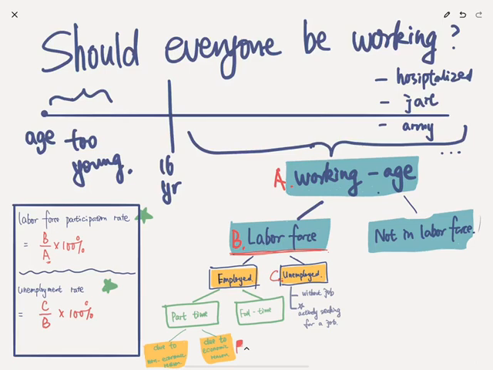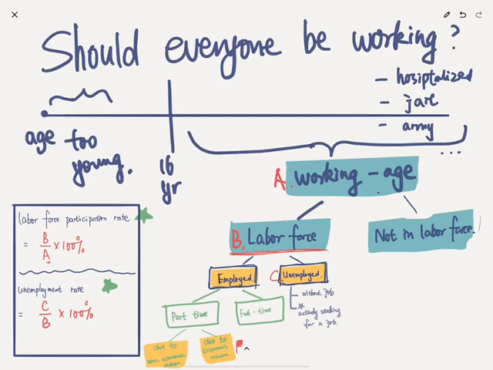So how do we understand this? Think about what people that are unemployed and employed have in common. Well, one thing is they both would like to work. In other words, they both would like to participate in the workforce.